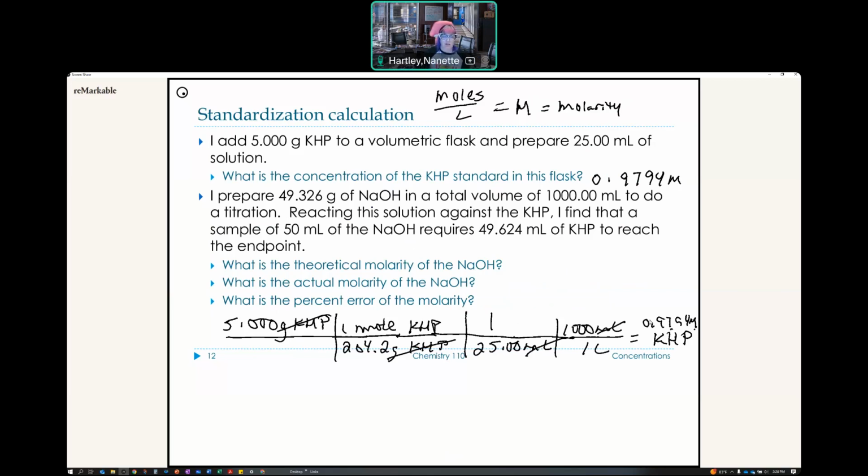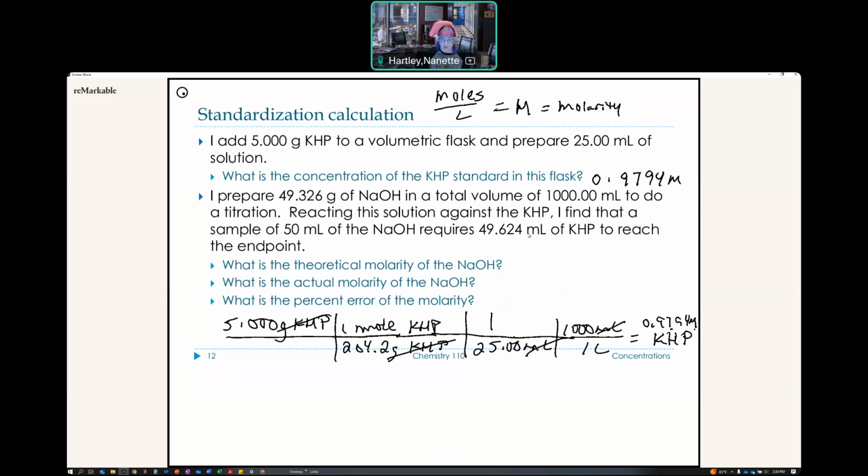So what I found in the lab is that this amount of NaOH requires this amount of KHP, right, to reach the endpoint. So that is my actual that I worked with. All right. So this is my actual that I'm dealing with there. And my theoretical molarity is going to be based on what this would give me. So this mass divided by this volume is going to give me a molarity of NaOH.